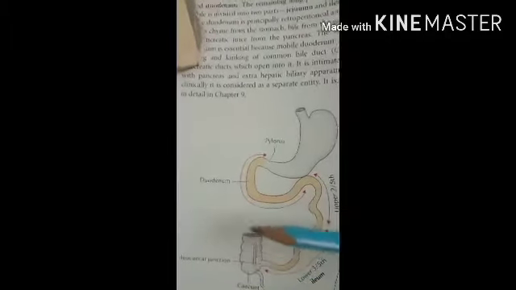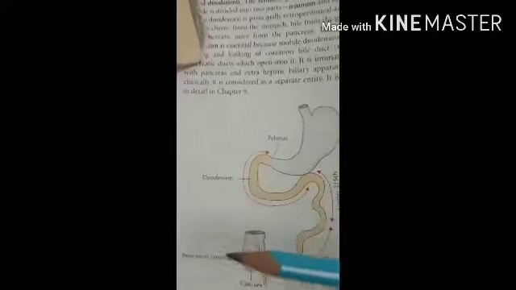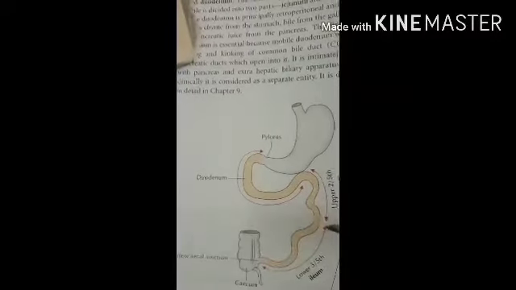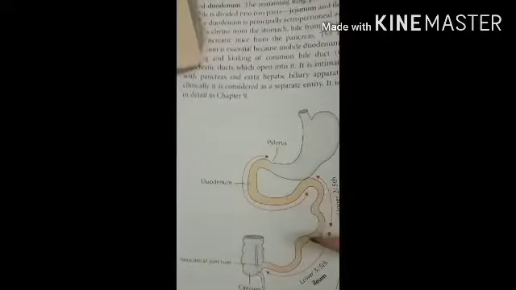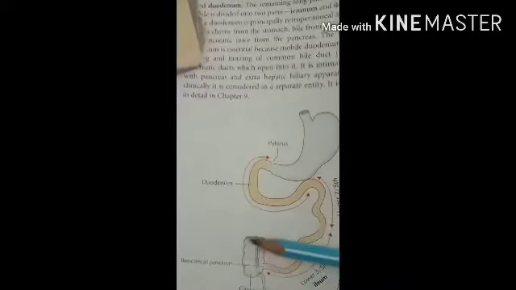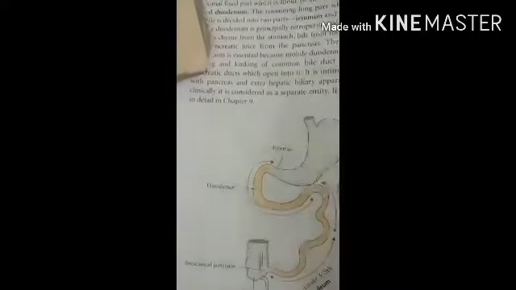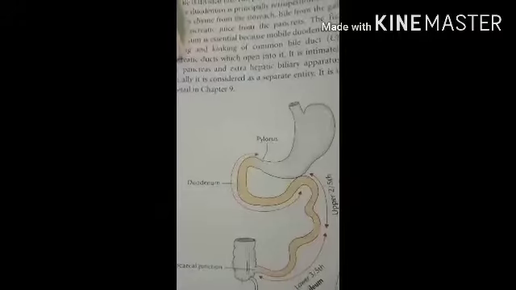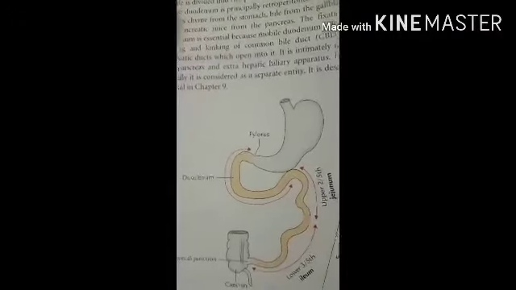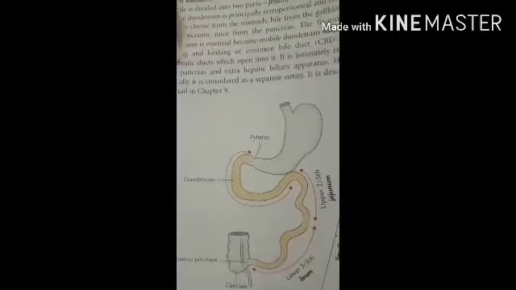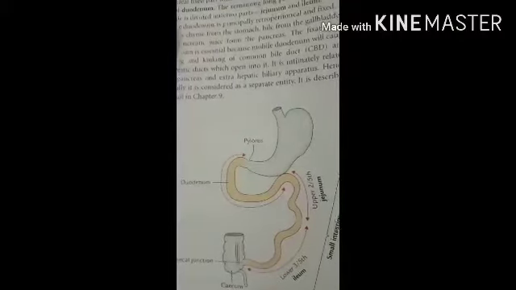Then the effect of infection and irritation results in diarrhea in the small intestine and dysentery in the large intestine. So these are the diseases and the differences between the small intestine and the large intestine.